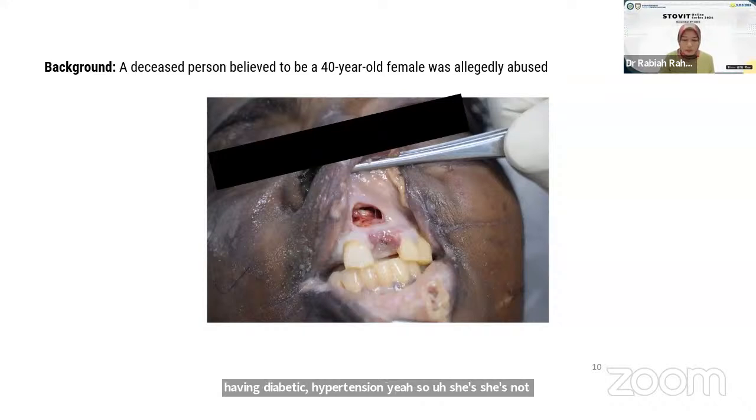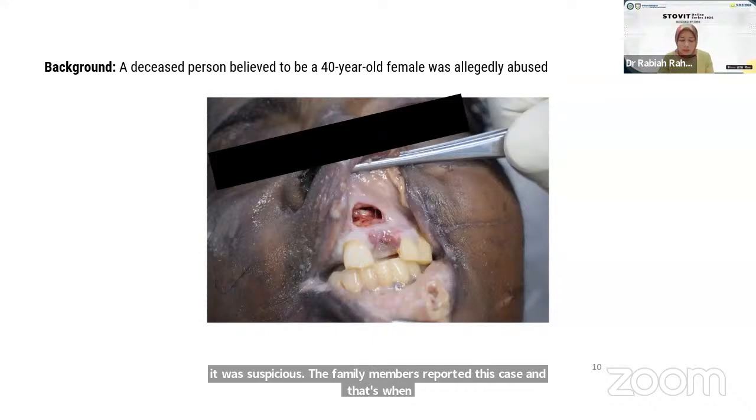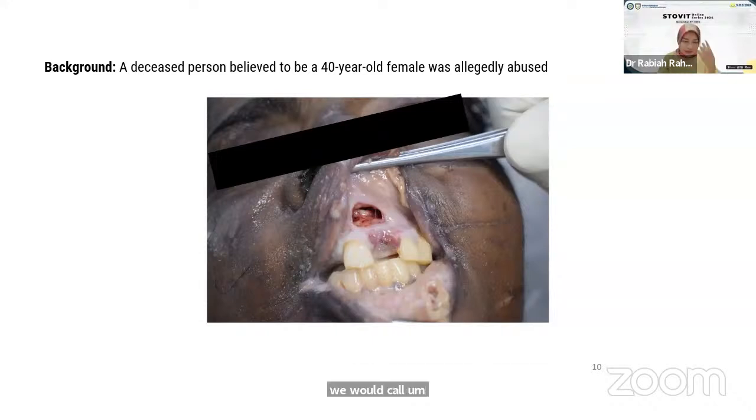Her condition just deteriorated, and she fell down and passed away. So it was suspicious. The family members reported this case, and that's when we were called by the pathologist to give an opinion on the oral and maxillofacial region.